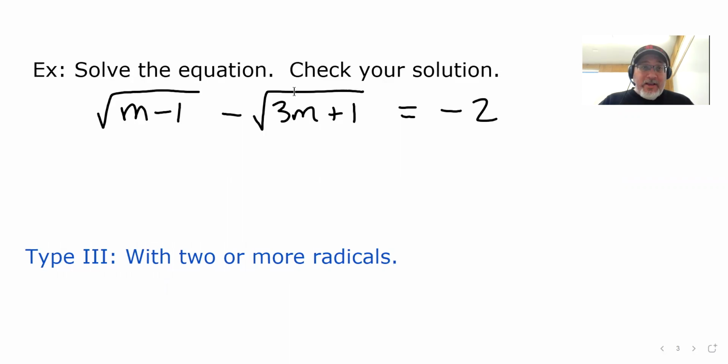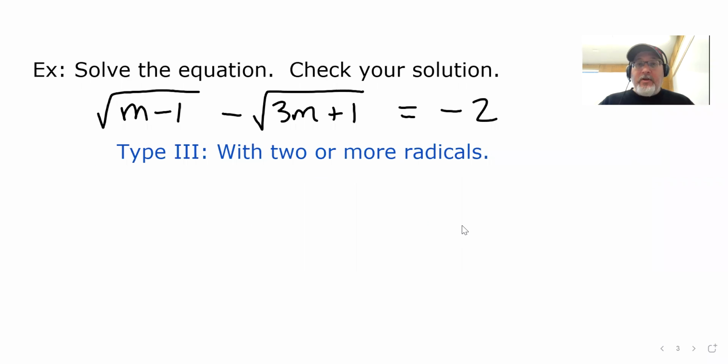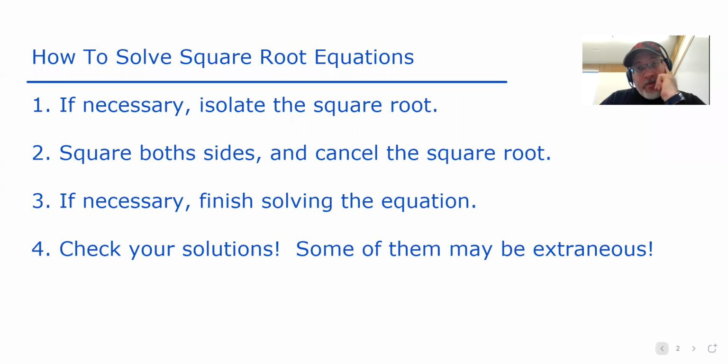And this may make you wonder, how on earth are we going to get out of this situation? Well, why don't we do this? And you might be thinking, but there's 2 square roots. How do I even do the first move? If necessary, isolate the square root. Can I isolate both of them? Well, sometimes you can and sometimes you can't, but you can always isolate one of them.